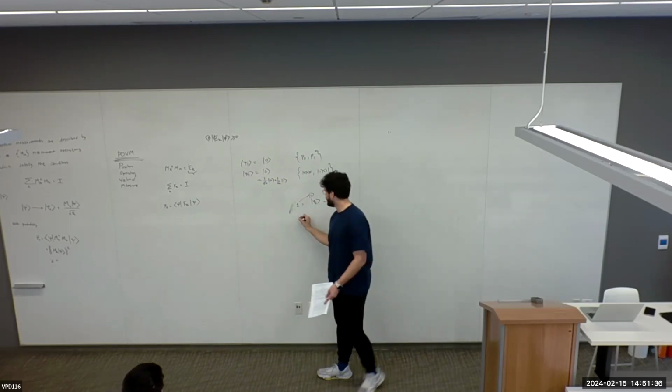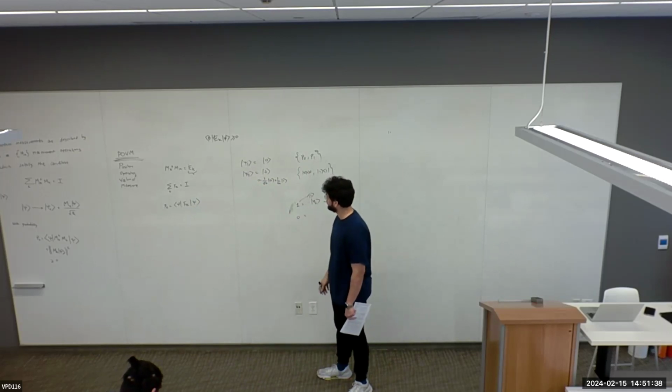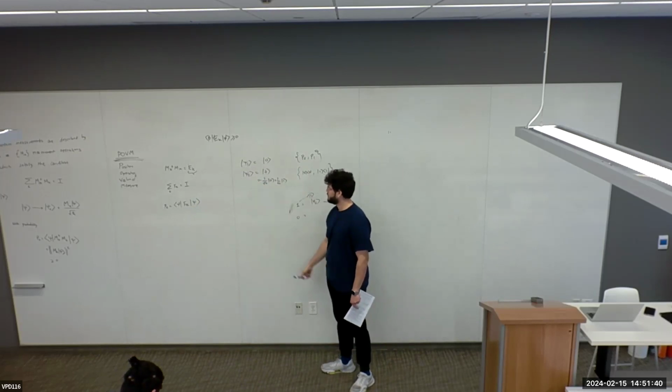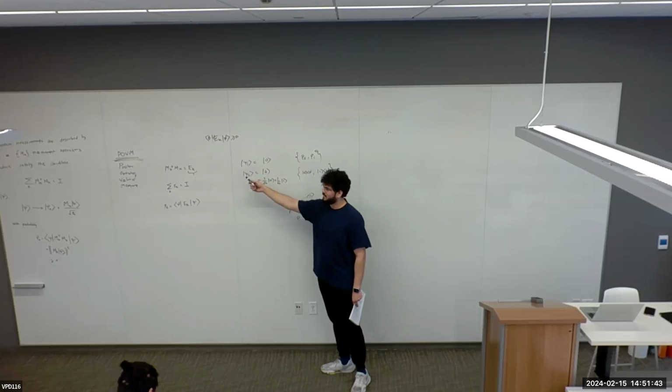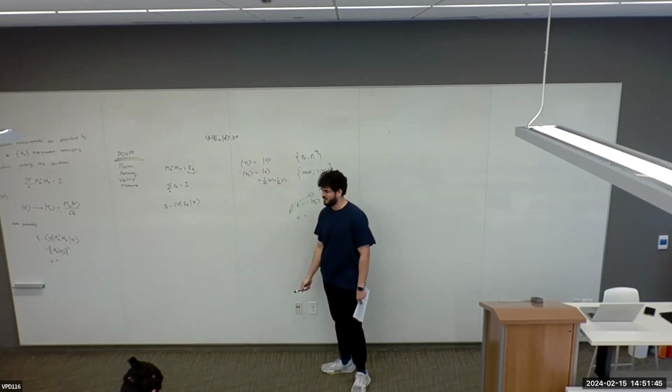But if you get outcome 0, now there is an issue. It can be psi1 as well as psi2, with half probability here.